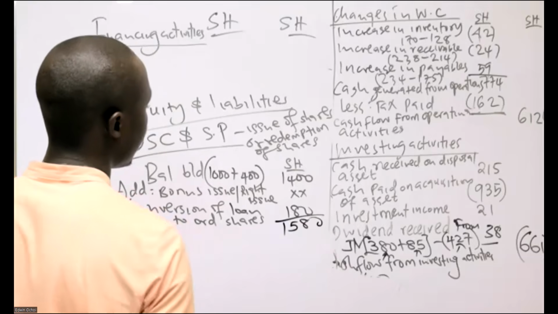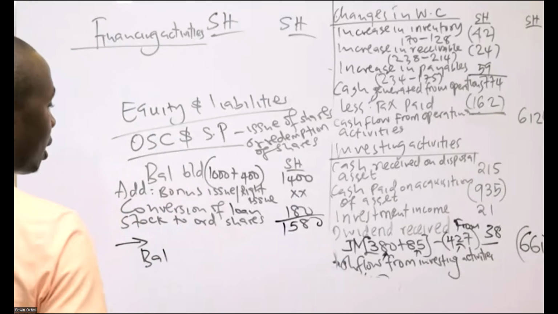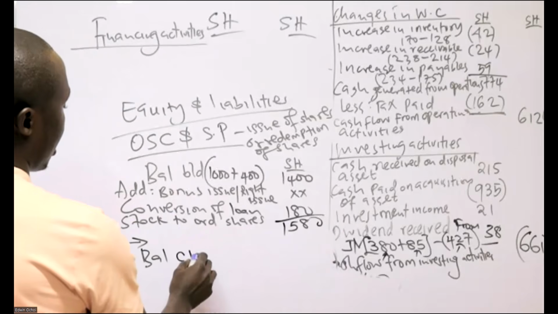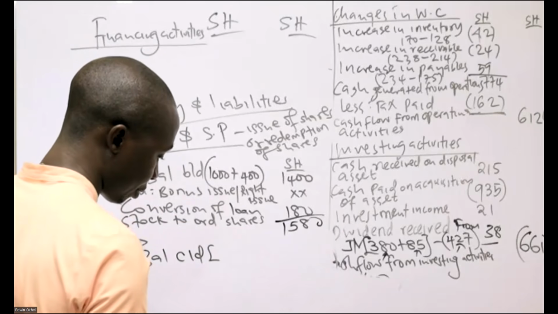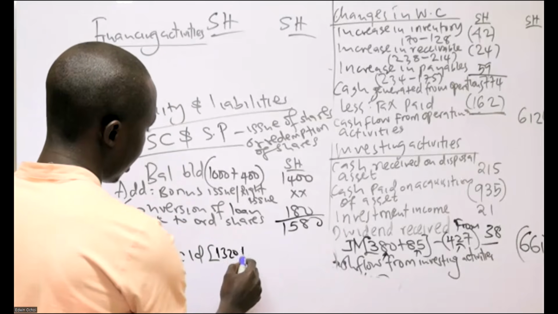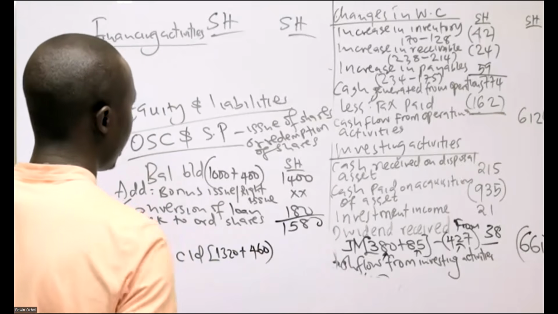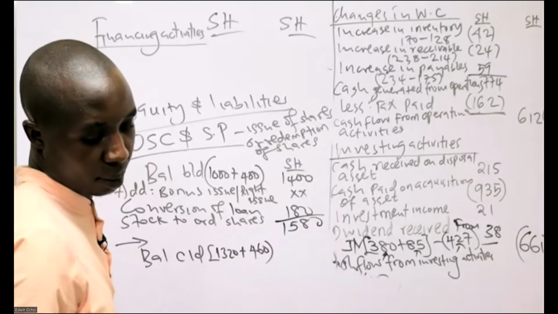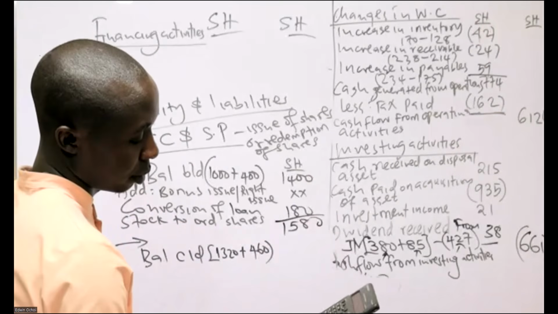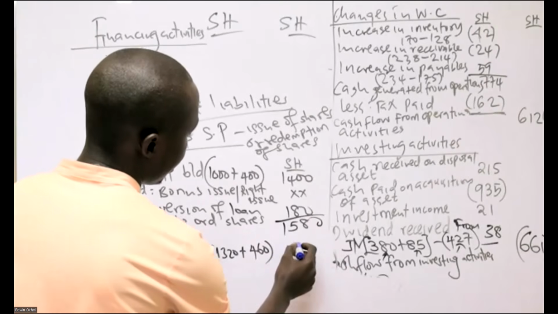1580. So balance carried down is, so you skip one line there. So balance carried down for the ordinary share capital and share premium is 1320 plus 460. So 1320 plus 460, what is the figure? That is 1780.